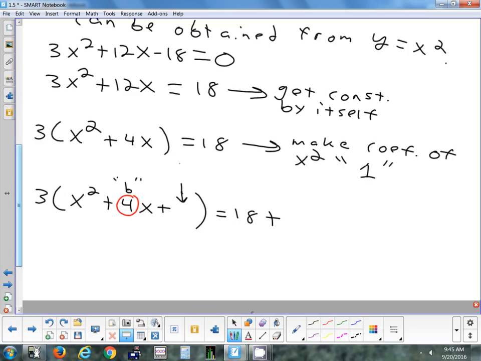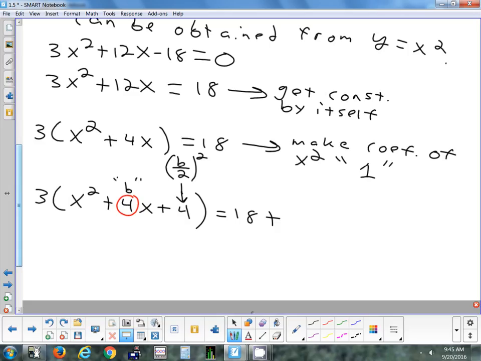So, as Adrian just said, take half of b. Take b and divide by 2. And then square it. Hey, Adrian, can you tell me what's half of b? 2. And then square it? 4. So not much interesting happened there, but just a coincidence.